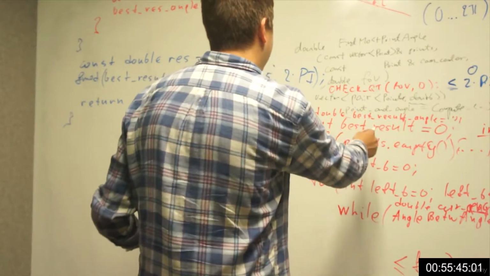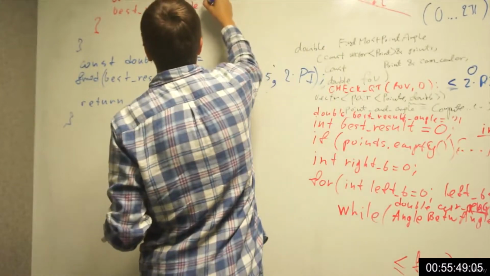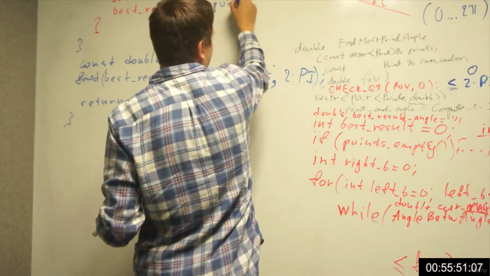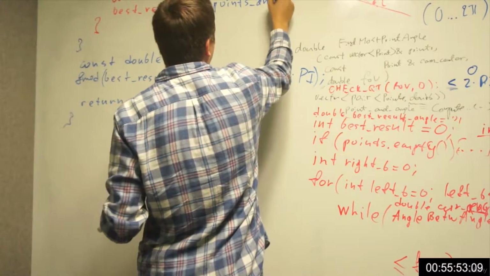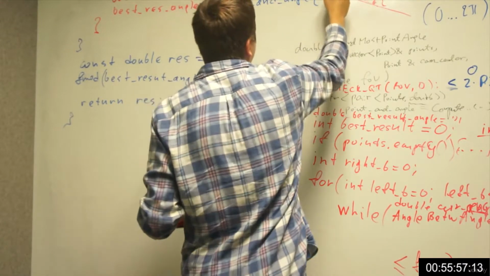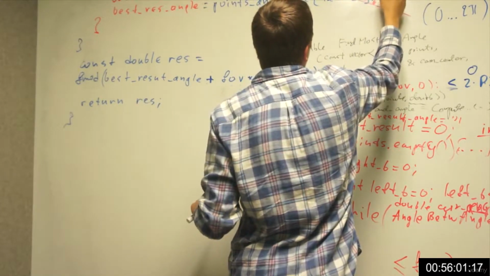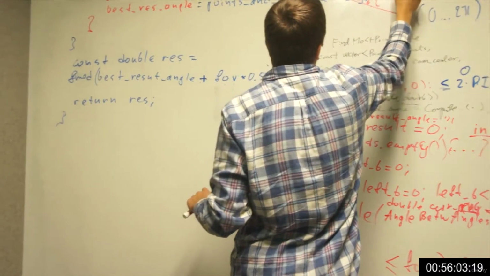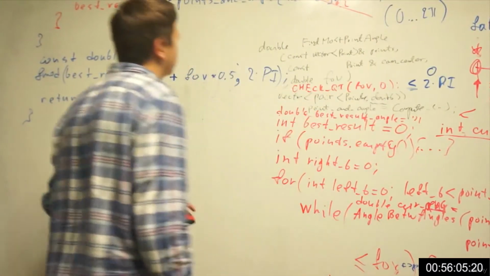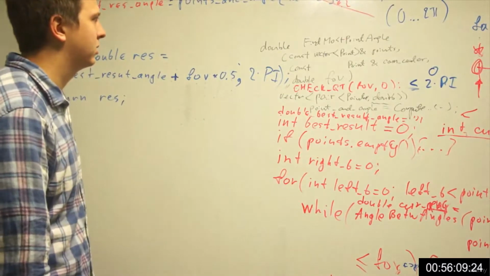It's best result angle or points and angle, and the angle is our left bound, and this is the second. So yeah, it's so stupid, but it's pretty simple to find it when you write some kind of test.